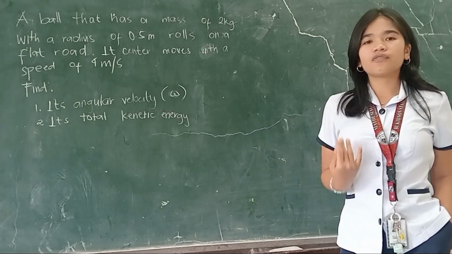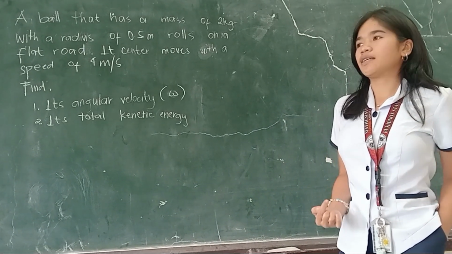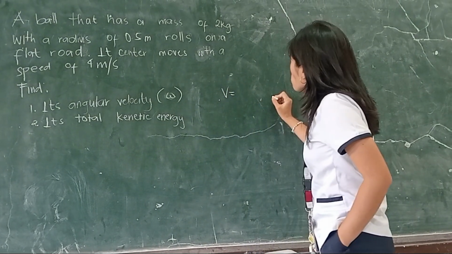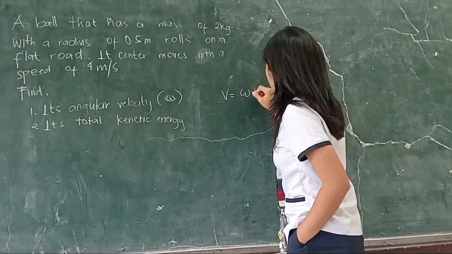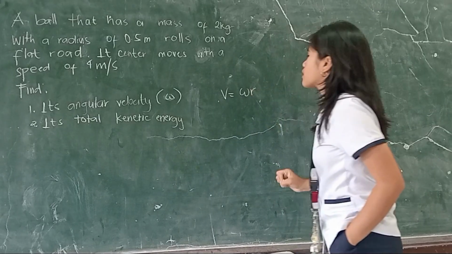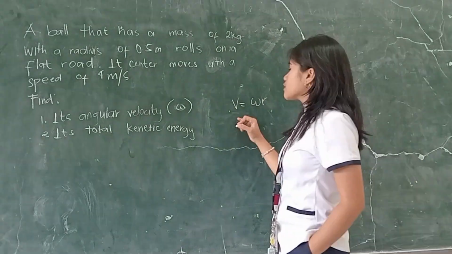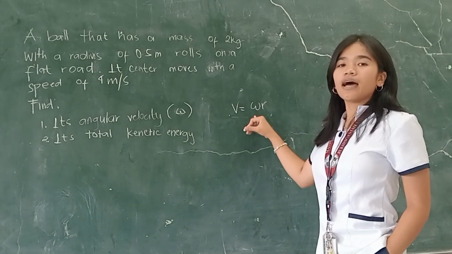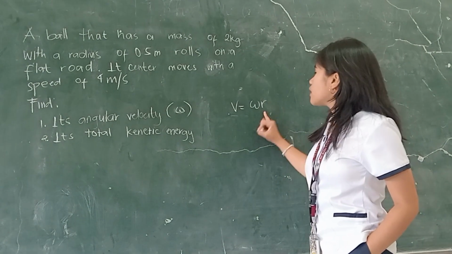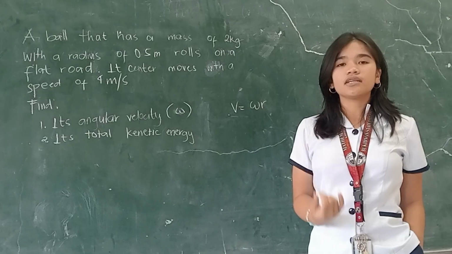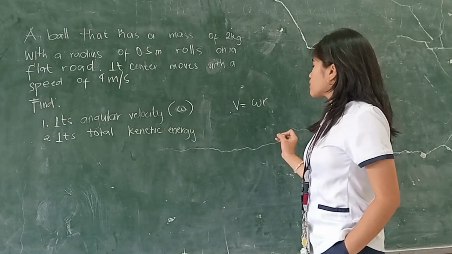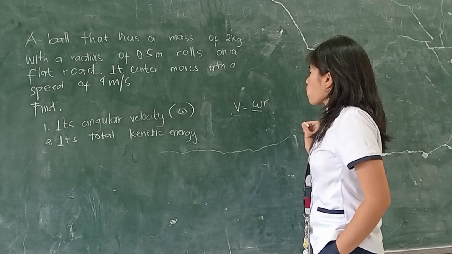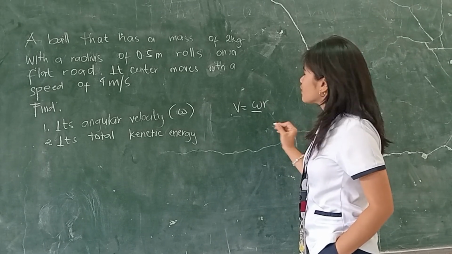So what is the formula for rolling without slipping? It is v is equal to omega times radius. Our v represents the tangential velocity, our omega represents our angular velocity, and our r represents the radius. What we are going to find is our angular velocity, so we are going to transpose.